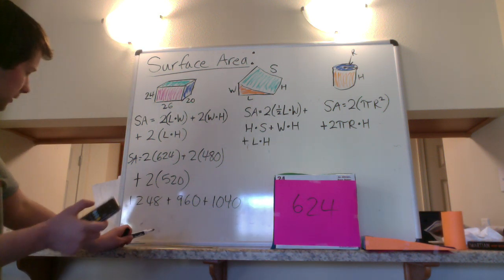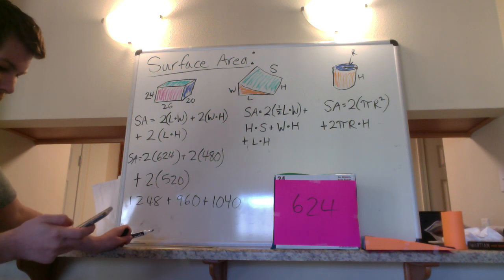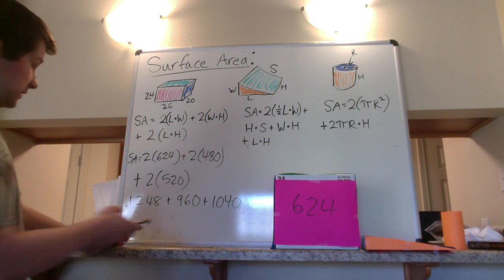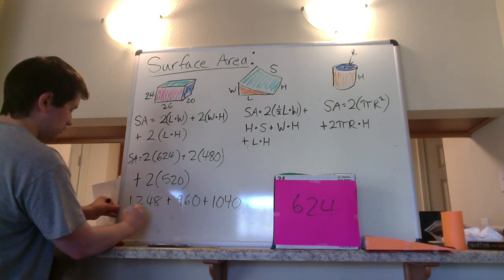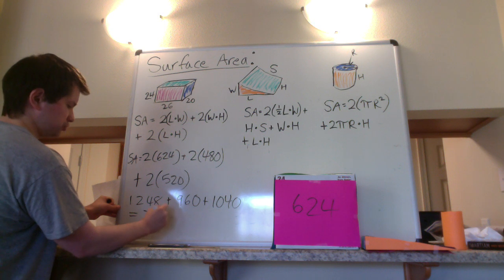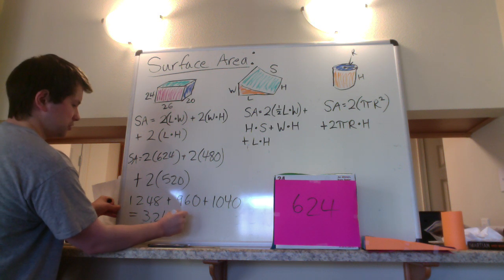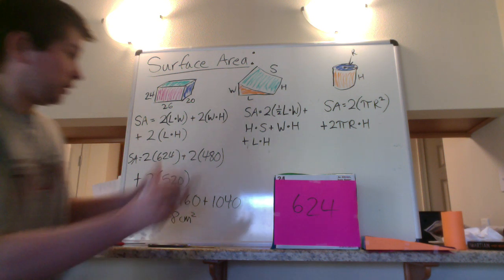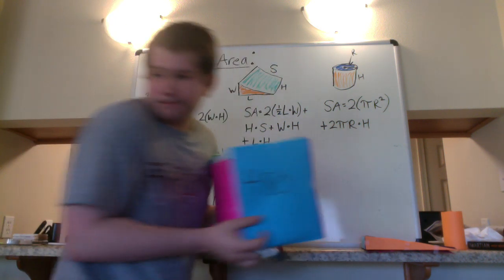So I'm going to plug that in. 1248 plus 960 plus 1040 gets me a total of 3,248 square centimeters. Cool. That's all done. Let's get that out of the way.